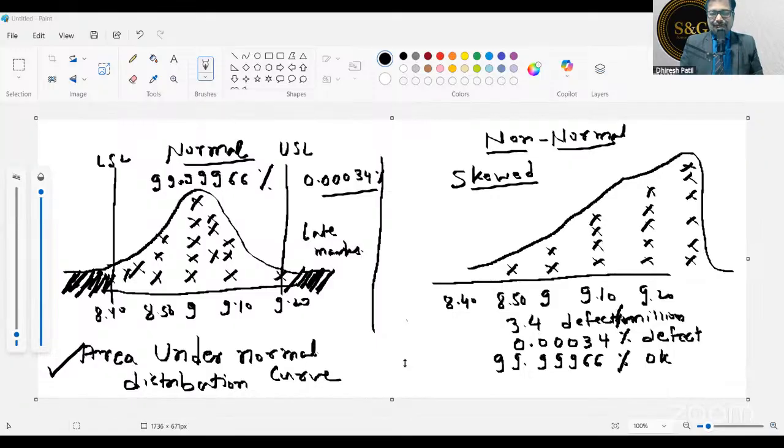First we'll do a normal distribution example, and then we will take a non-normal distribution example. Okay, so just open this file which I have shared in the chat. Our same favorite chocolate weight file. For new people, it will be a new experience, but first we'll do it with the help of Minitab about a normal distribution. Once you open the file, please let me know.